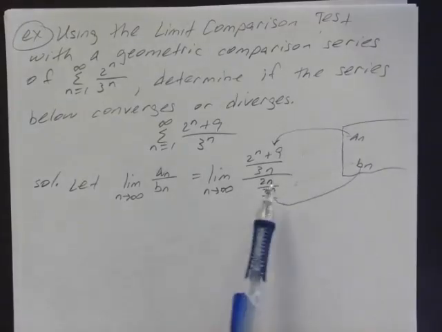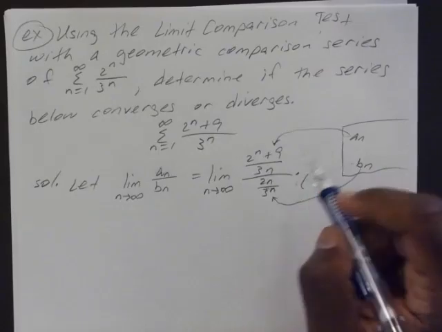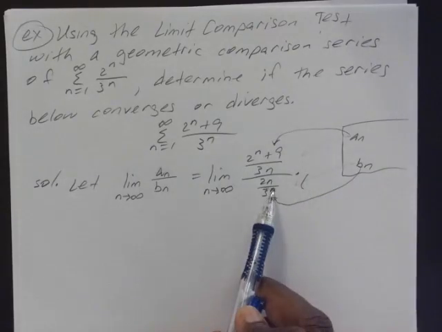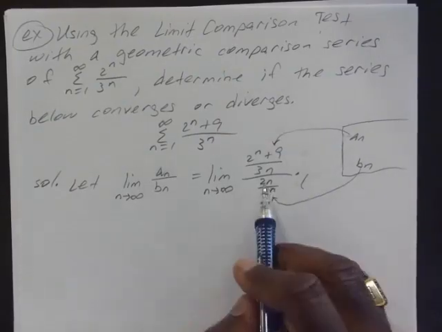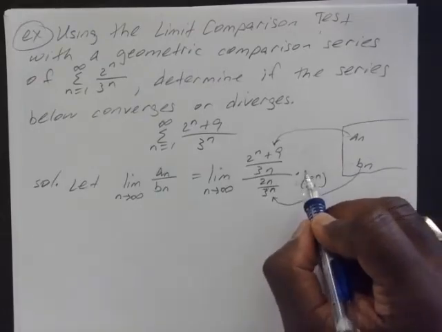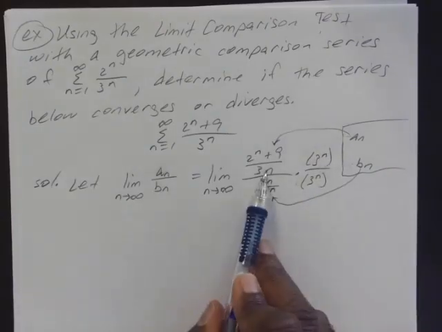So to simplify it, we multiply it by the reciprocal of our denominator. But for this one, we don't want to get rid of it completely. At least we don't have to. So we can just multiply by 3 to the power of n, because that'll simplify the numerator.